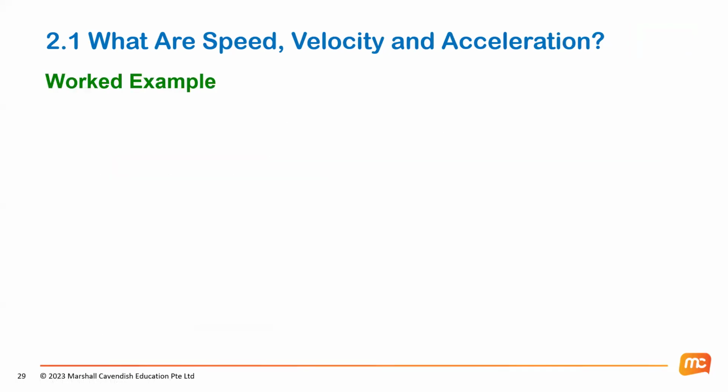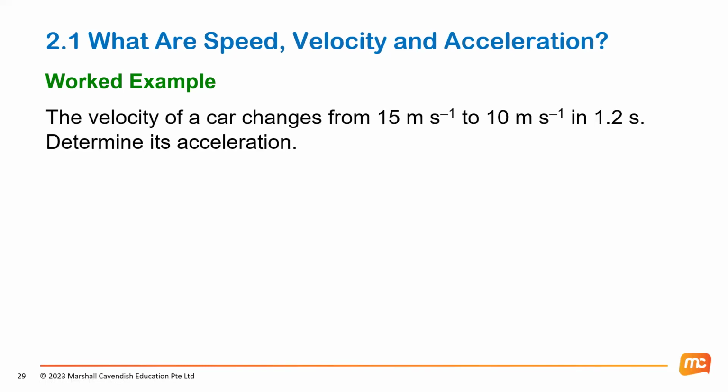Okay, so let's take a look at worked examples to see how we apply the formula A equals V minus U over T. So you can read this. The velocity of a car changes from 15 to 10 in 1.2 seconds. Determine its acceleration. The first step, you must be able to identify that the velocity actually decreases from 15 to 10.